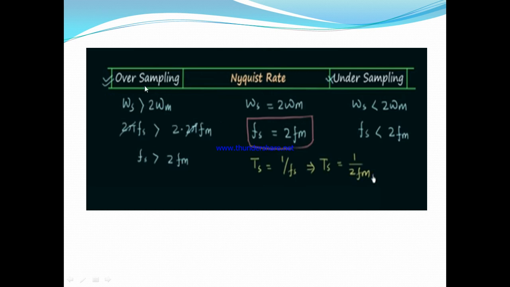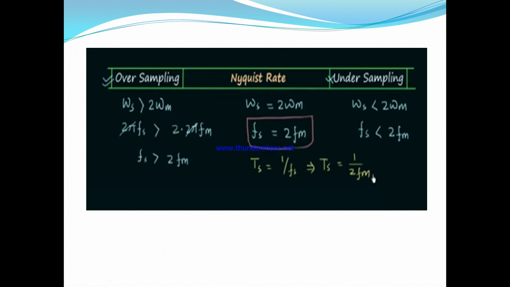Next, these are the frequency values for the different cases: oversampling, Nyquist rate and undersampling. For oversampling, omega s is the angular frequency of the sampled signal, and omega m is the angular frequency of the message signal.